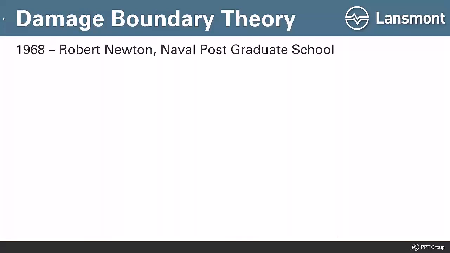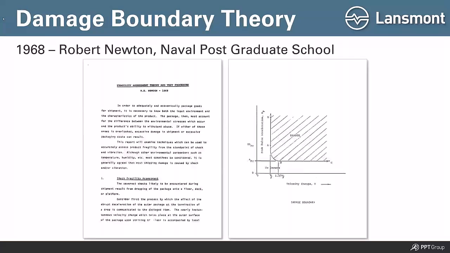So what does all this mean? In our history, in my company's history even, back in 1968, a gentleman named Dr. Robert Newton, Dr. Bob Newton at the Naval Postgraduate School, which is located in Monterey, California, where Lansmont is headquartered, developed something called the fragility assessment theory and test procedure.